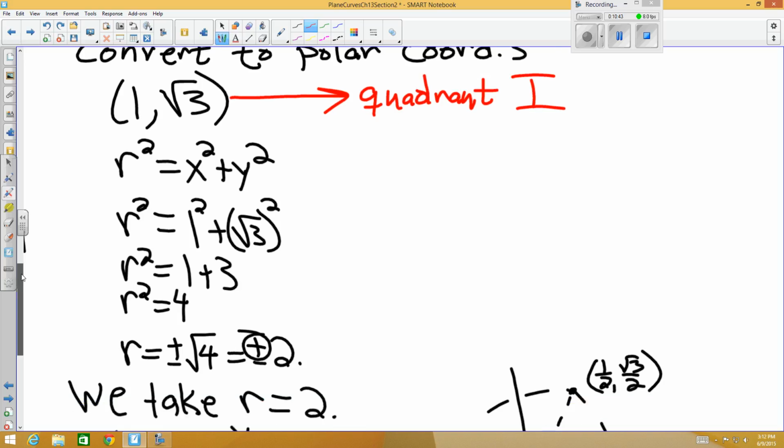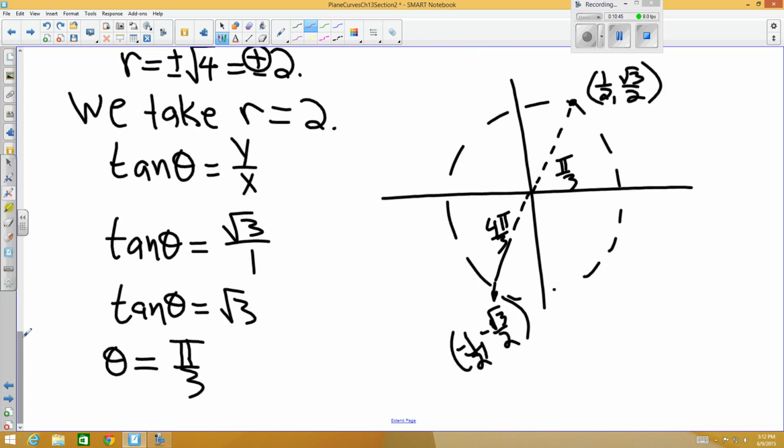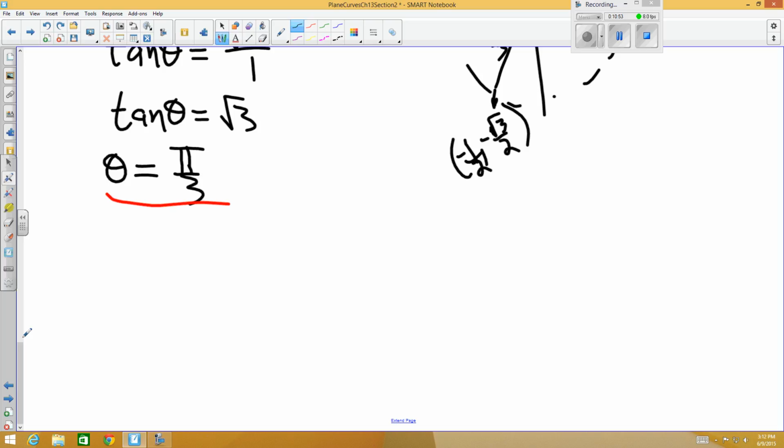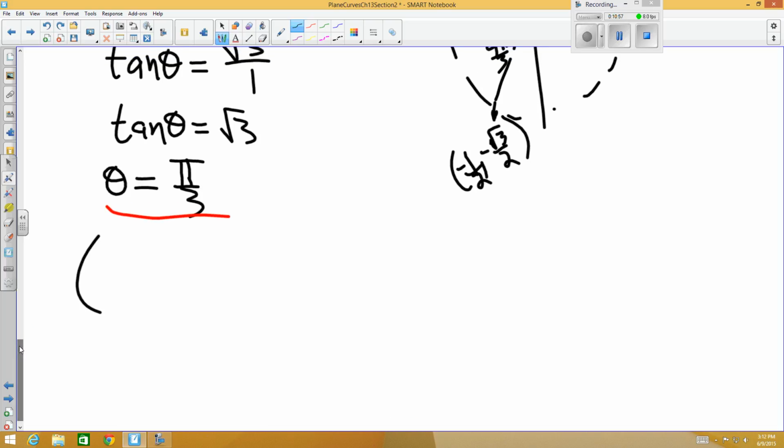Which tells us that our angle now, since we've taken r to be positive, our angle must be pi over 3. So our set of polar coordinates is, what was our radius? 2, and our angle, pi over 3. So there is a conversion from rectangular coordinates to polar coordinates.